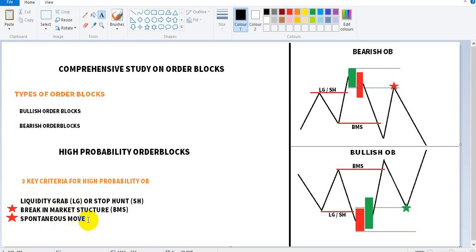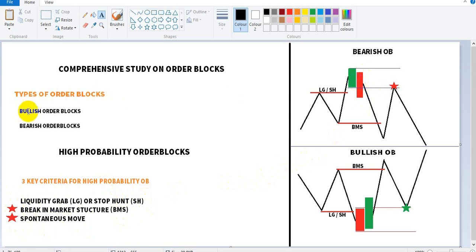Now, I don't mean that other order blocks may not work. Yes, they might work, but these are the three things I look at when trading order blocks personally. Let us go to what we have on the right.